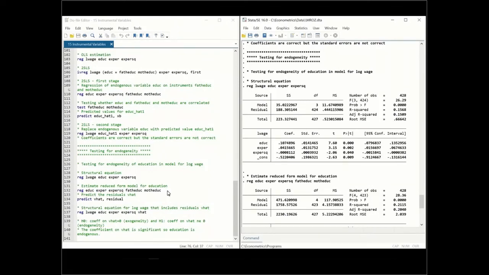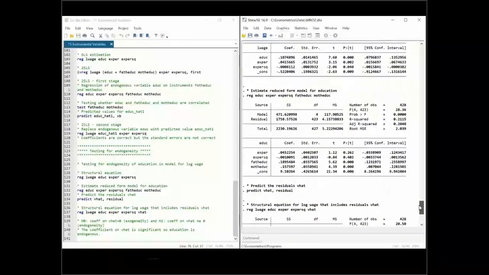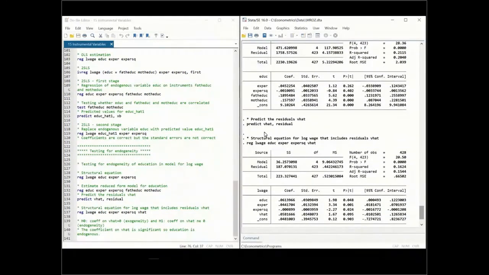So if the coefficient here on the residual is significant, this means that we would have some endogeneity left in this residual. And that's basically what this test is about. So if we run this now, this is the same as the first stage least squares. That's the reduced form model for education. And again, instead of getting the predicted values here, we would be getting the residual.